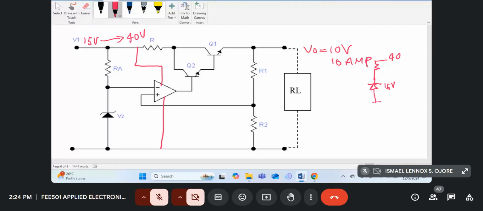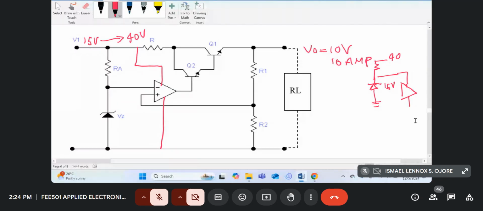This will clamp the voltage to a maximum of 15, and this 15 can go to the positive of the op-amp, which is your plus VCC.